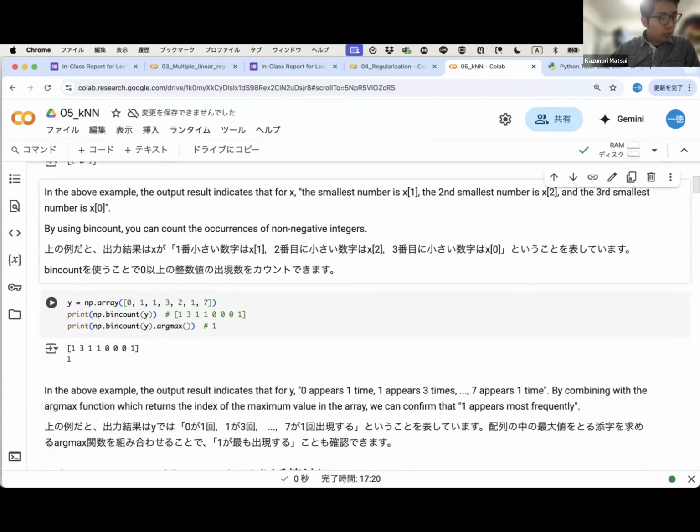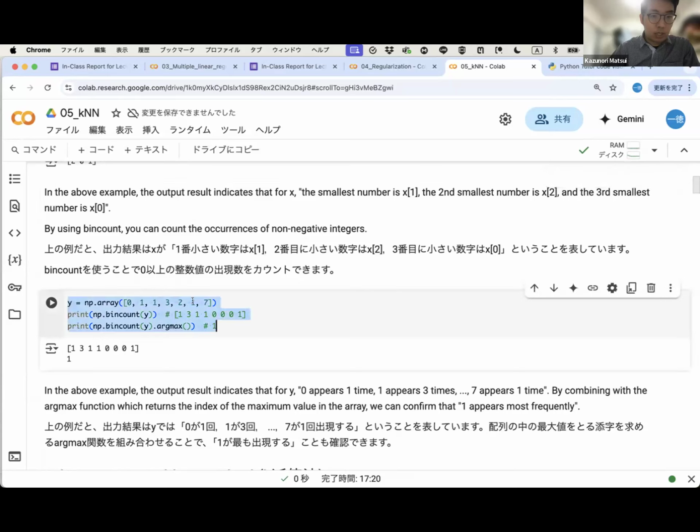Next, we use np.bincount to count occurrences of non-negative integers. If we have an array like 0, 1, 1, 3, 2, 1, 7, calling np.bincount returns 1, 3, 1, 1, 0, 0, 0, 1.